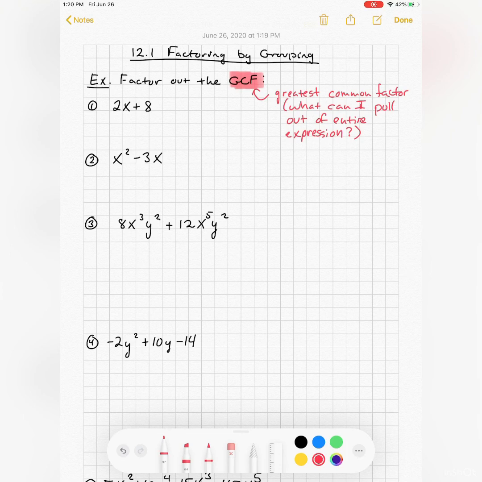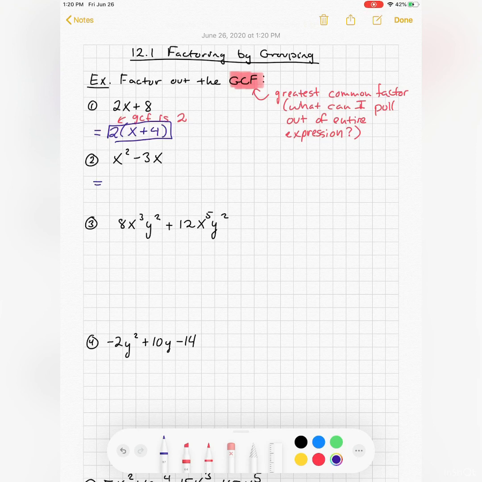So if you look at number 1 here, looking at both of those terms, I see 2 and 8 are both divisible by 2. So pulling that out would leave me with x plus 4. So in this case, the GCF, the greatest common factor, is 2. And here's my expression written in factored form.